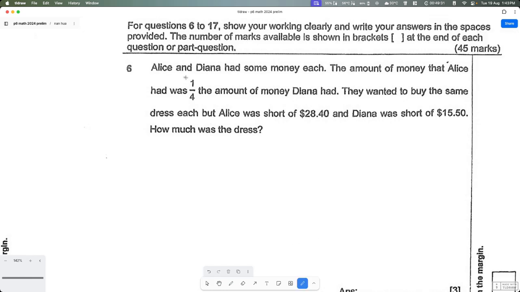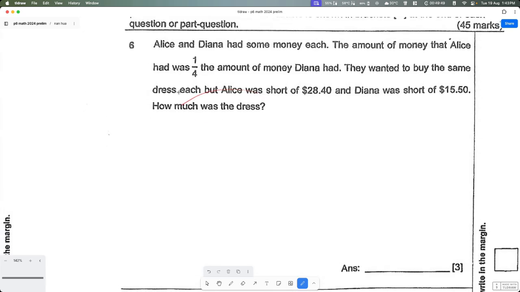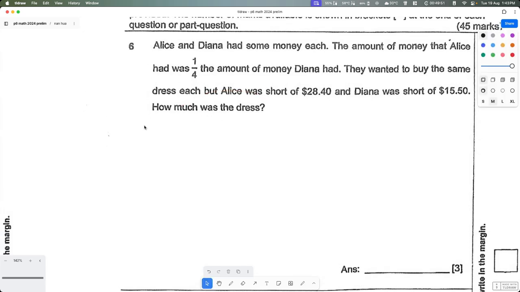Alice and Diana had some money each. The amount of money that Alice had was one quarter the amount of money Diana had. They wanted to buy the same dress each, but Alice was short of $28.40 and Diana was short of $15.40. How much was the dress?